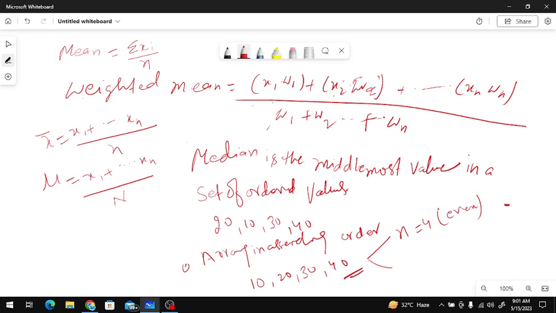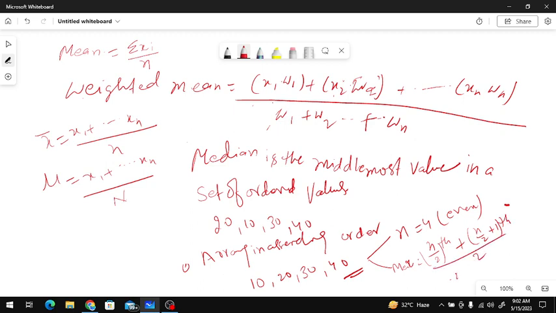So how do we get the median? We have simple data, so if n is odd we can use the (n plus 1) by 2 th observation, but here it is even. So the median will equal the n by 2 th observation plus the n by 2 plus 1 th observation, divided by 2.